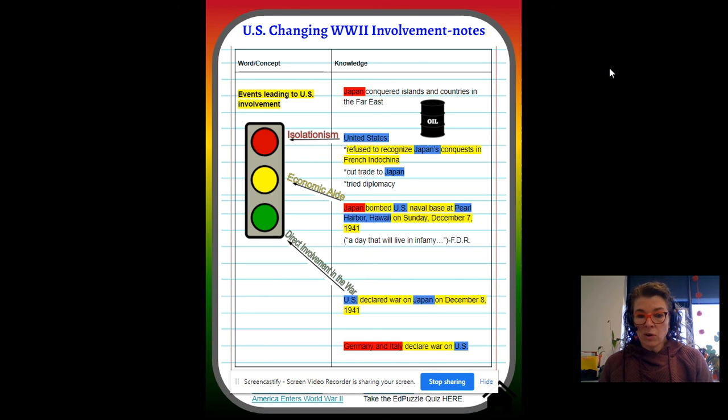We declare war on Japan on December 8th, 1941, and within several days, by the 11th of December, Germany and Italy are declaring war back on us. So that's how we go from being isolated on red, not getting involved, to cautiously getting involved by giving aid to our allies, to direct involvement in the war, green for go, with the bombing of Pearl Harbor.